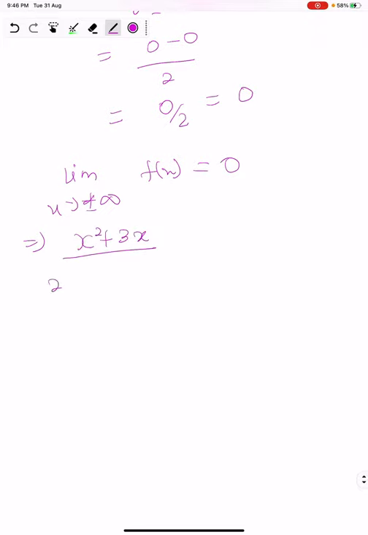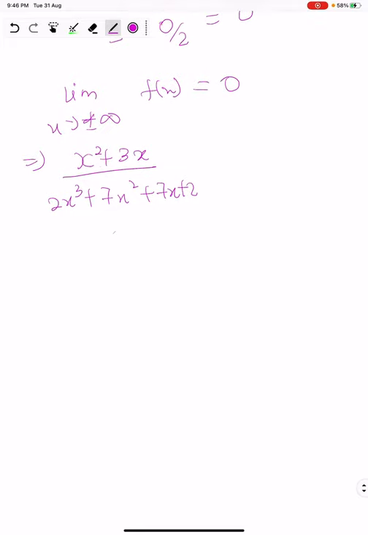So since the limit as x approaches plus or minus infinity of f of x is equal to 0, it implies that (x squared plus 3x) all over (2x cubed plus 7x squared plus 7x plus 2) has a horizontal asymptote represented by the line y equals 0. All right.